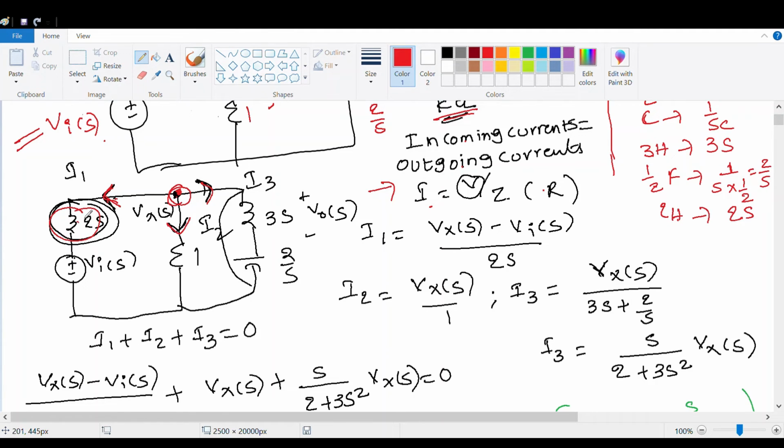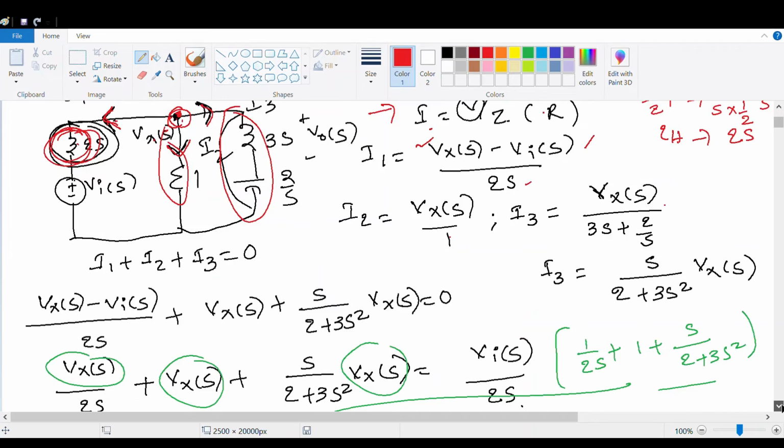So voltage across this one is Vx of s minus Vi of s by 2s. After that I2 is voltage across this, Vx of s by 1, and I3 is voltage across this, Vx of s by these two in series, so 3s plus 2 by s.